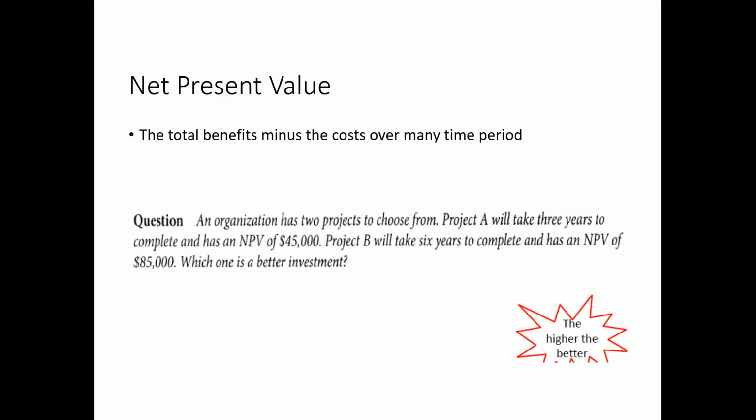The best project for investment is project B, which will take 6 years to complete and has a net present value of 85,000. So it is better to take project B. In 6 years the cost will be increased, no? Yeah, but it is still better to invest in project B, not project A.